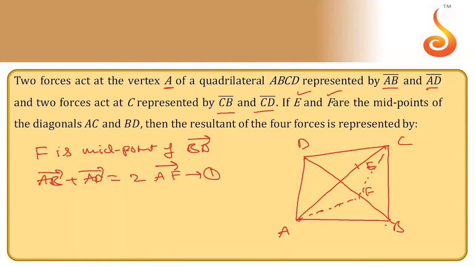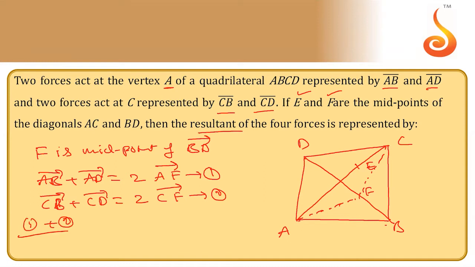The same thing you can take with respect to C, since F is the midpoint of BD: CB plus CD equals 2 times CF. This is equation 2. So adding 1 plus 2, the resultant force, the required sum, equals 2 times AF plus CF. Correct now?